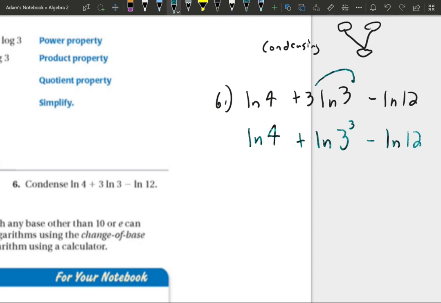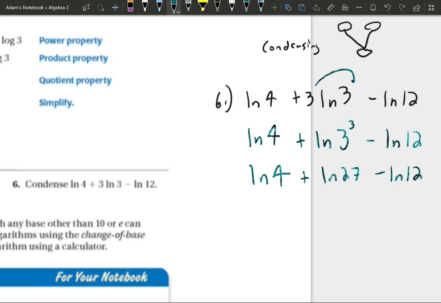Next, I'm going to simplify, right? So 3 to the 3rd is 27. All right, we have that. Next, from left to right, addition would be multiplication.